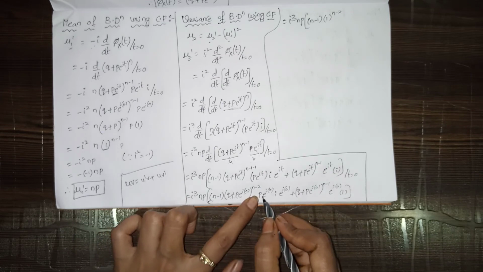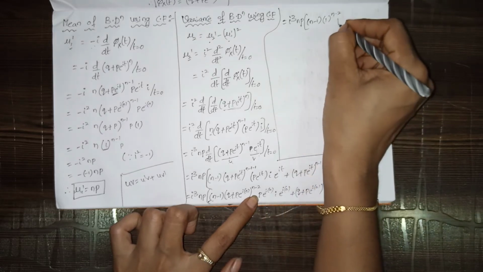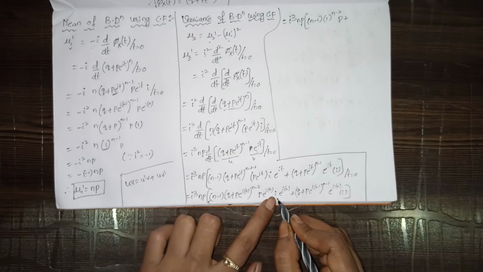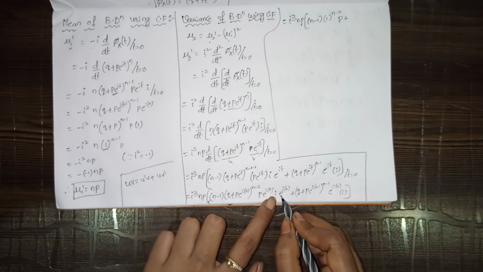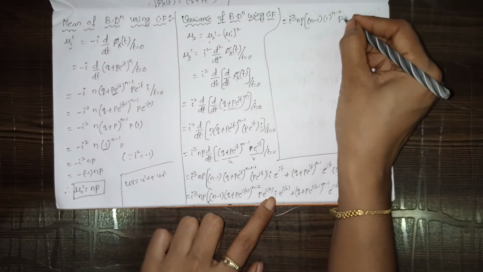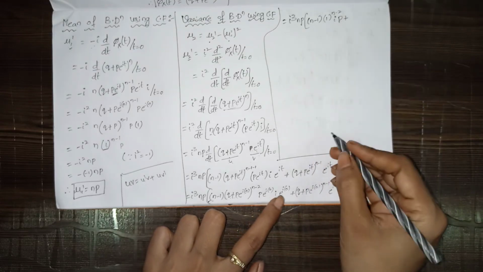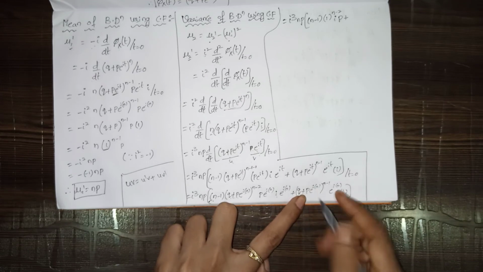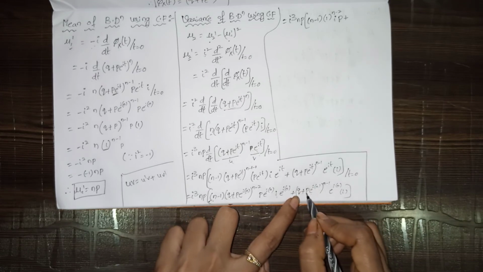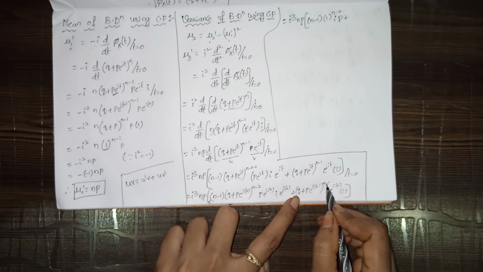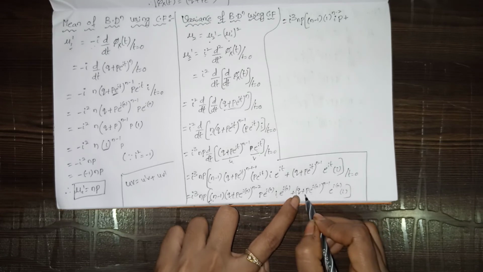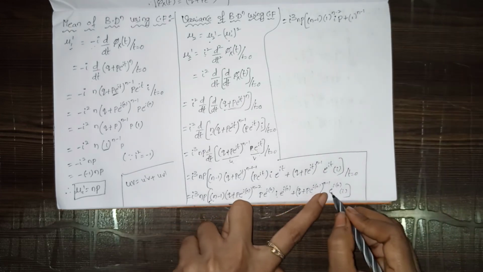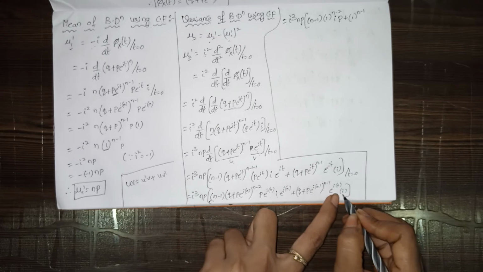So p into 1 is nothing but p, plus here again i is there. e power i 0 is 1, so here i also will be. Plus q plus p into e power 0 we will get, so e power 0 in the sense 1, q plus p whole power n minus 1, in the sense q plus p is 1. So 1 to the power n minus 1 into e power 0 is nothing but 1. 1 into i is i.